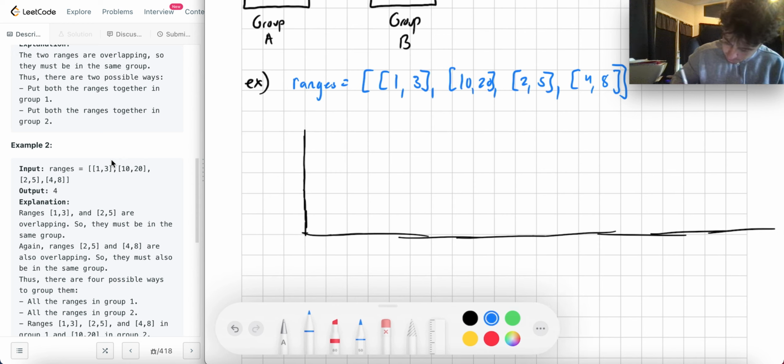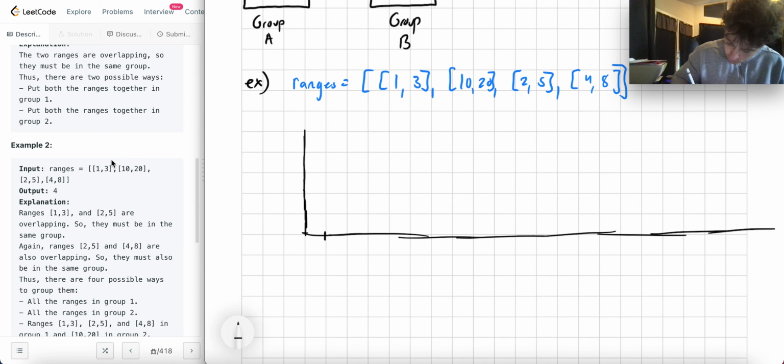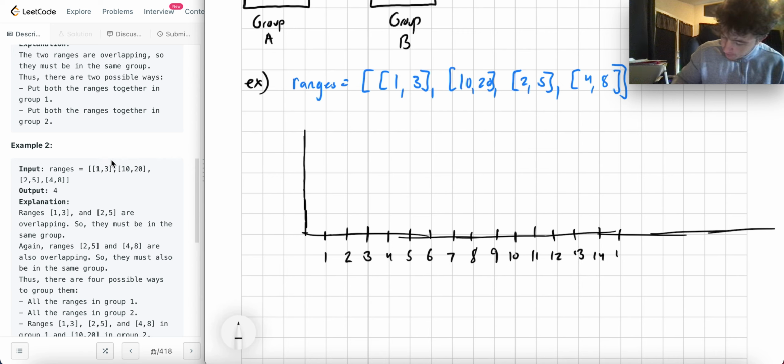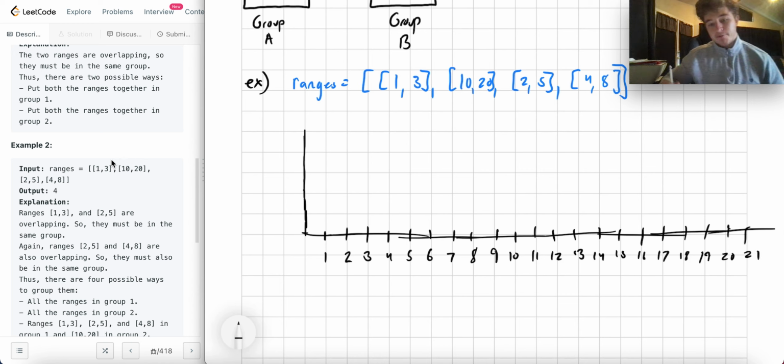So let me just try to get through this quickly. Okay, so we have 1, 2, 3. Now I have to go all the way to 20, right? Because I'm going to capture all of these ranges. All right, 17, 18, 19, 20, and 21 for good measure, okay?